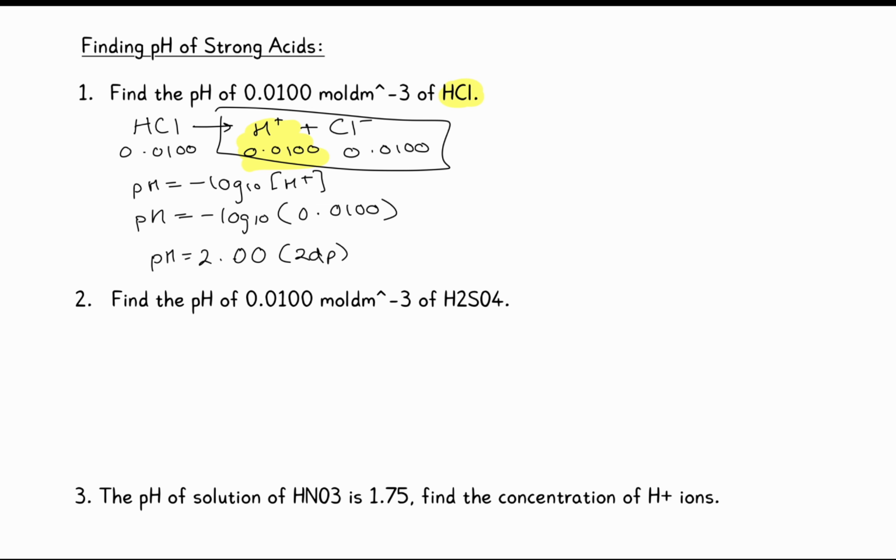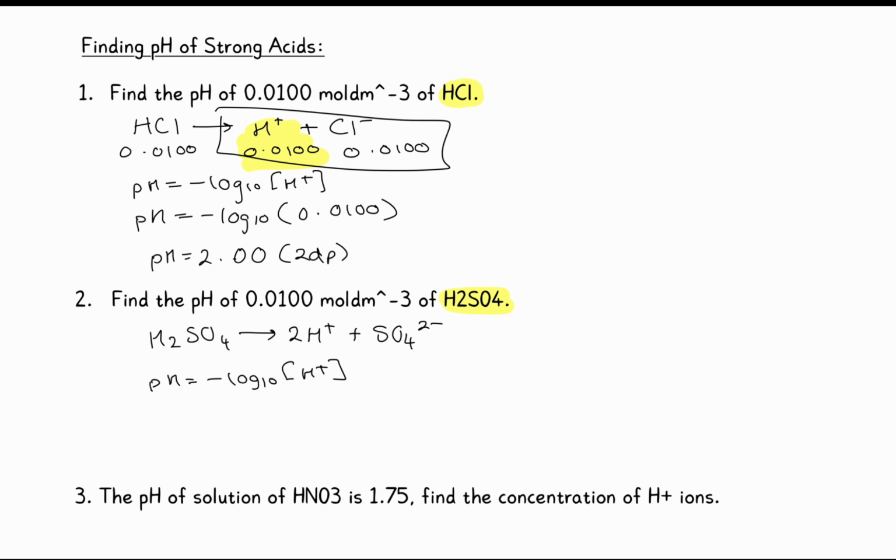Find the pH of 0.01 of H2SO4. This time, let's identify, is that a strong acid? It is. So H2SO4 will completely dissociate, and this time it will release 2 hydrogen ions and an SO4 2 minus ion. Now I can write the equation pH equals minus log 10 of the concentration of hydrogen ions.